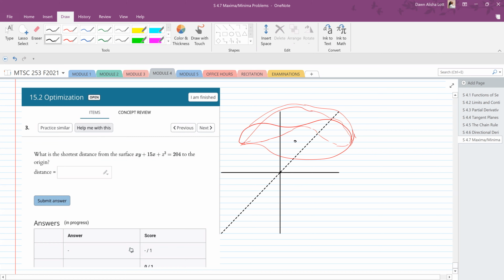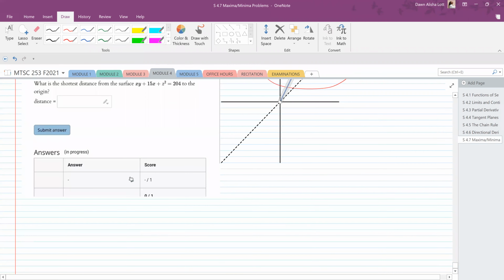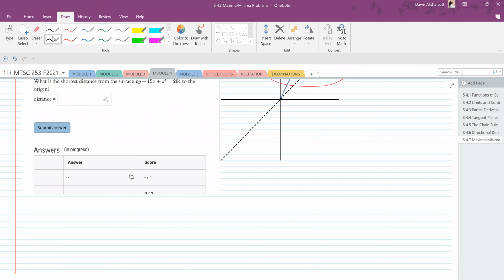So there's some point on the surface, and the point on the surface is (X, Y, Z). And we want to find the shortest distance from that point to the origin. Okay, so now in order to find the distance, we need the distance formula.